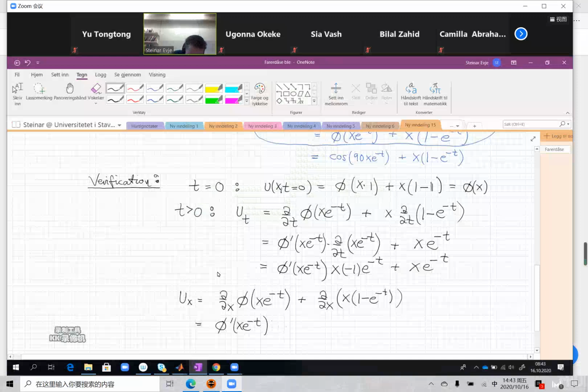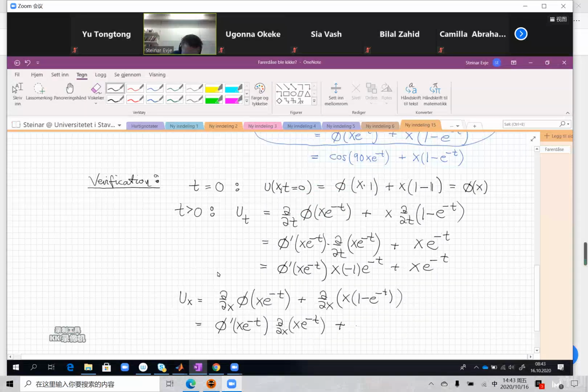Then we take the spatial derivative. And the second term only involves x, so the derivative with respect to x will just give us 1 minus e to the minus t.